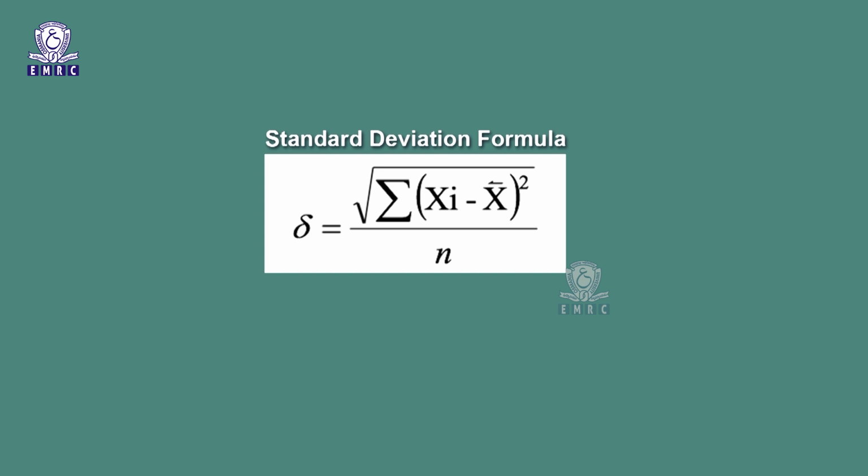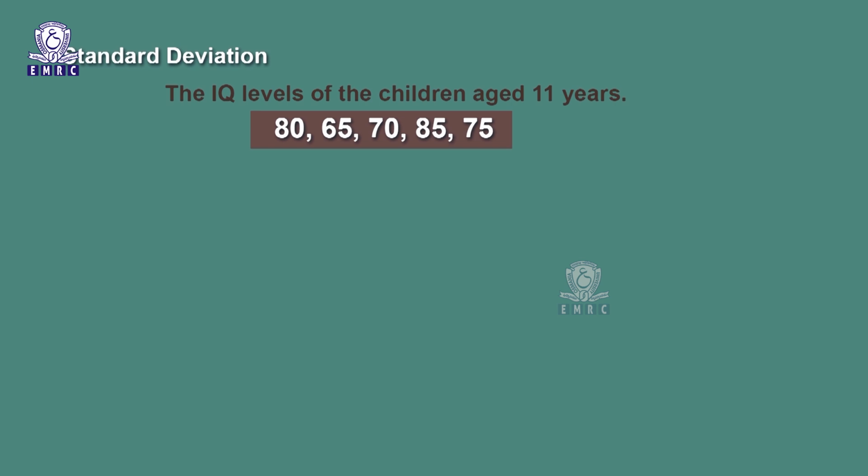For example, a psychiatrist wished to measure the IQ levels of children aged 11 years. The IQ levels of the children are 80, 65, 70, 85 and 75. Our duty is to calculate the standard deviation. The first step is to find the mean of the scores.